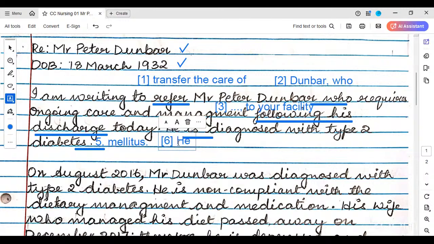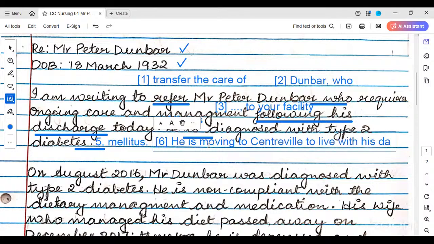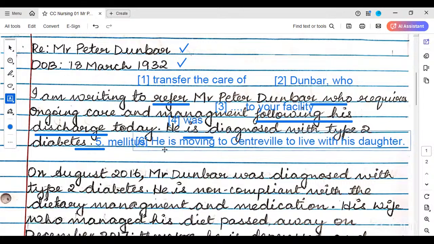So he is moving to Centerville to live with his daughter. He's moving to Centerville to live with his daughter. That's it. So that is the next point here.